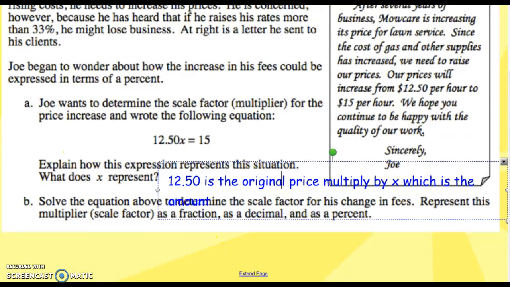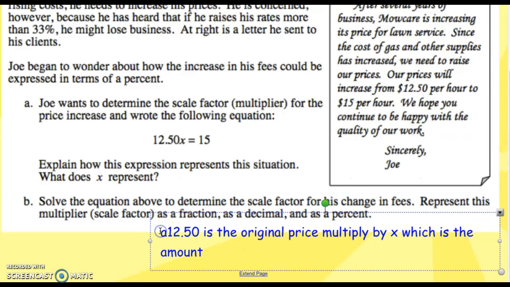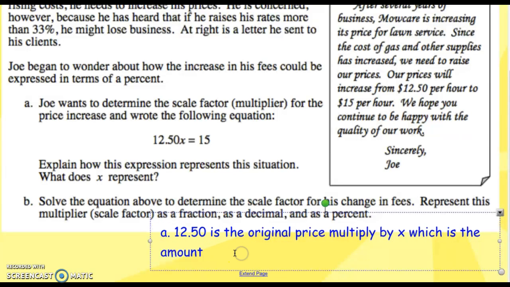I'll move this down so you can see it, but this is my answer for A. X is the amount of the increase in price. This equals $15, the new price.